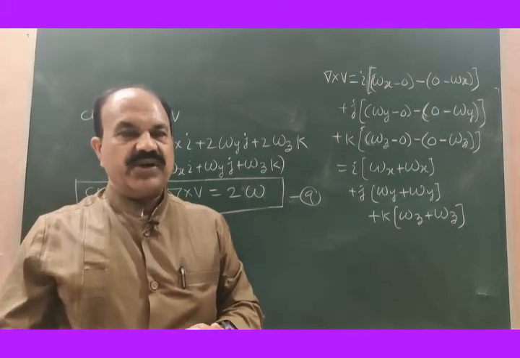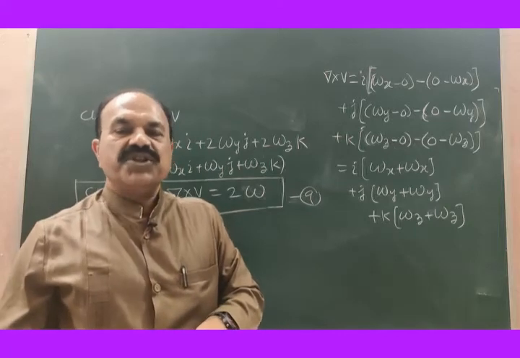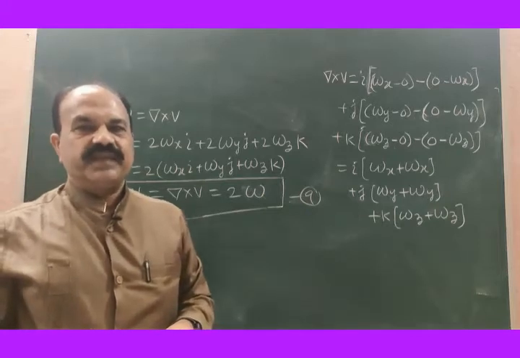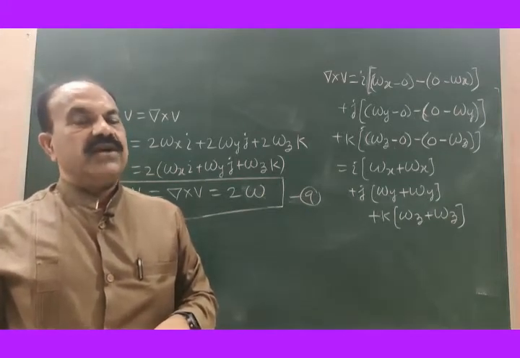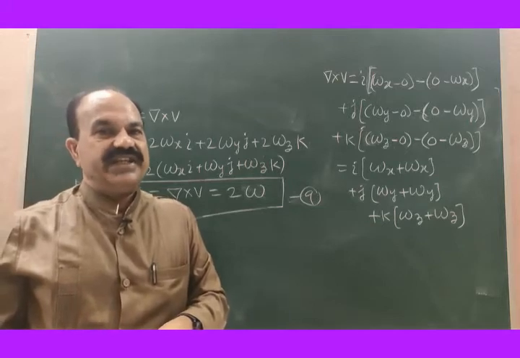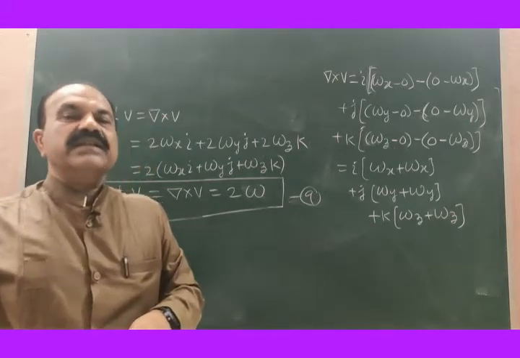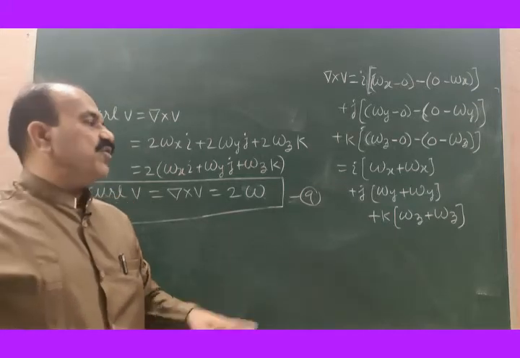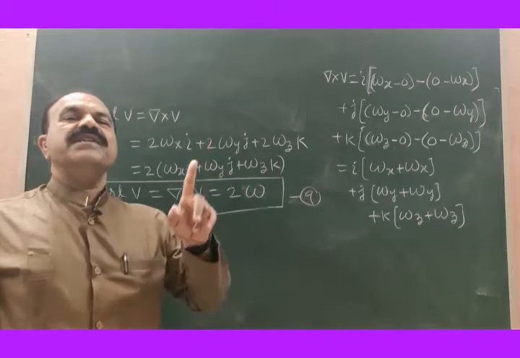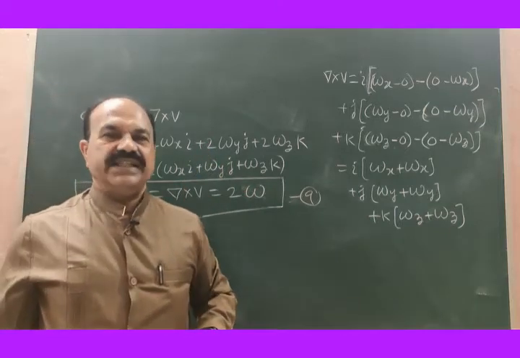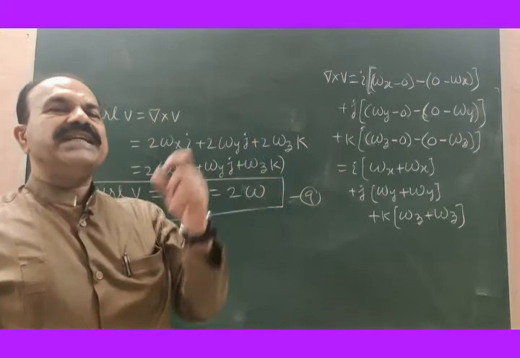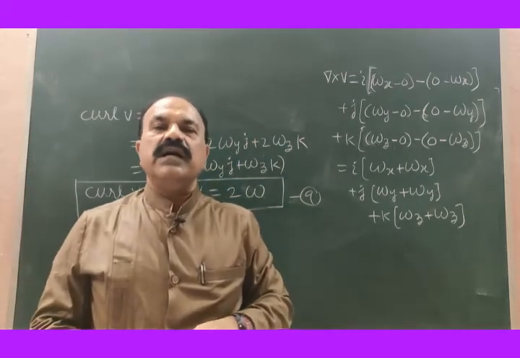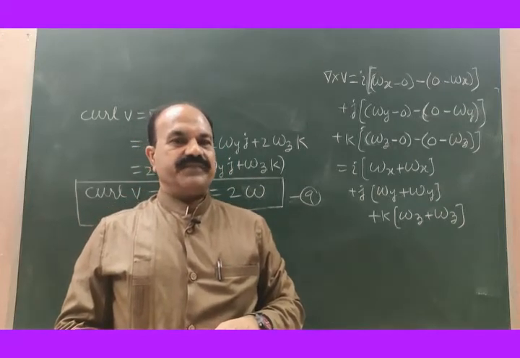When a rigid body is making rotational motion about an axis passing through its center, and if we take curl of linear velocity, then we find that curl of linear velocity of that rigid body is equal to 2 times its angular velocity. This is the physical interpretation or physical meaning of curl of a linear velocity.